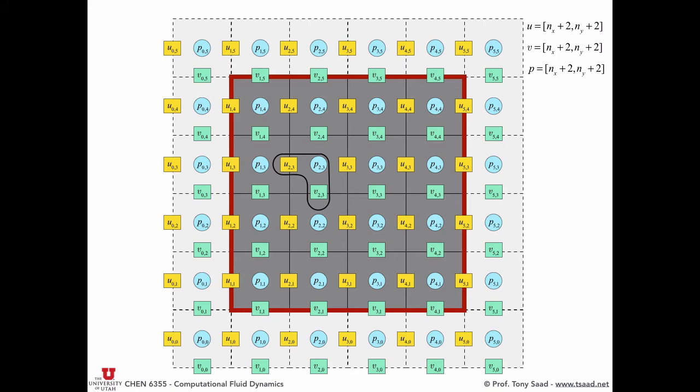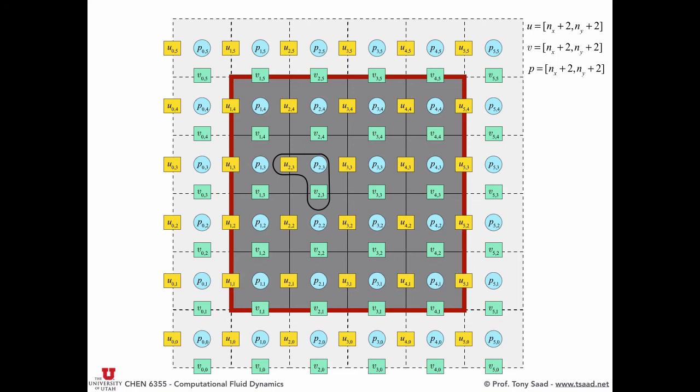So delta x is Lx over n, rather than Lx over nx minus 1 like we used to do with finite differences. So that makes your grid.